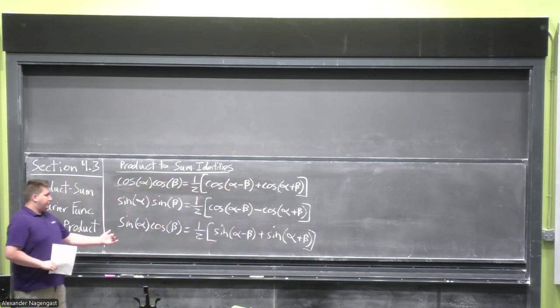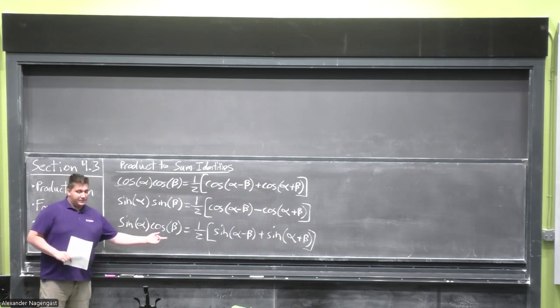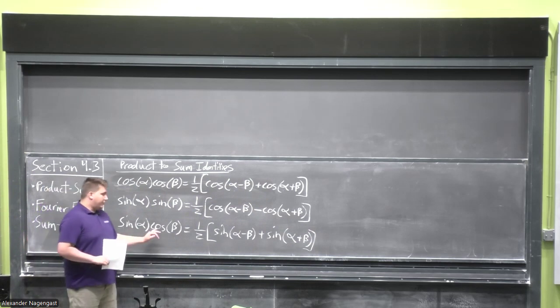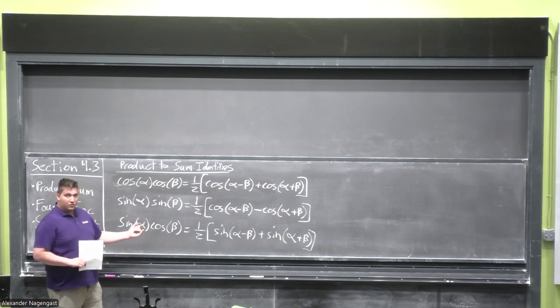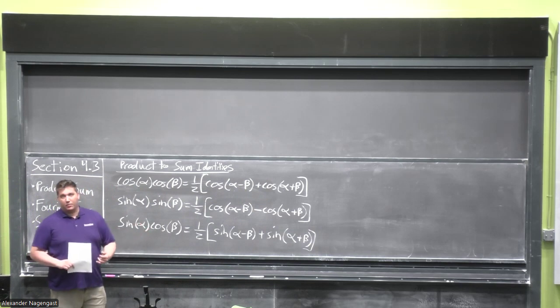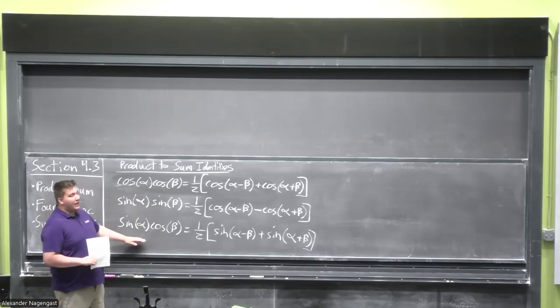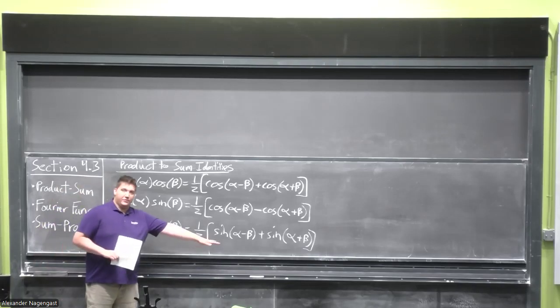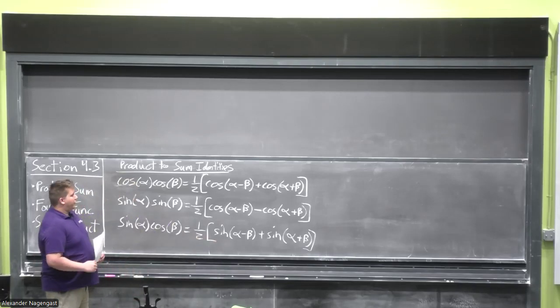Now, notice if we have cosine times sine, then we can just use the commutative property of multiplication to put it back into this format and follow the identity.